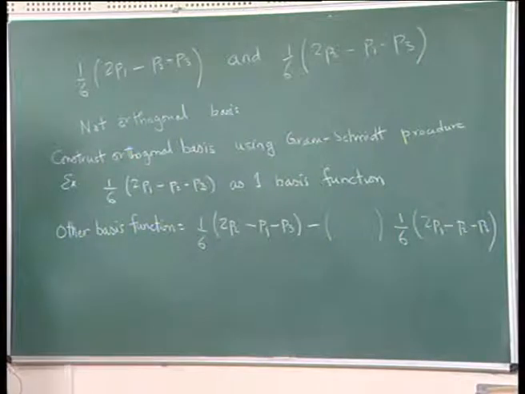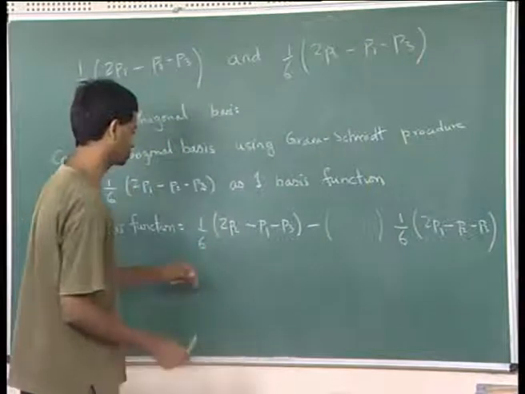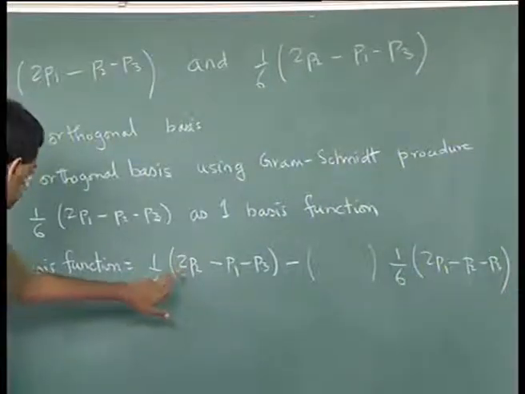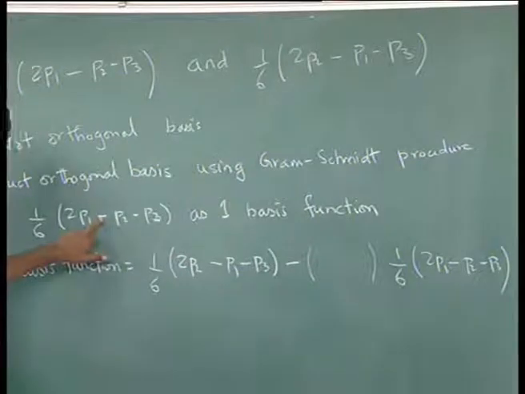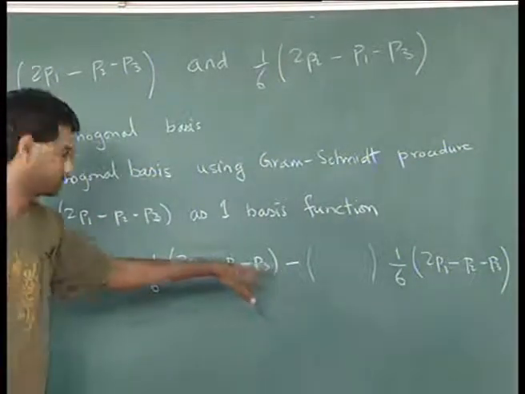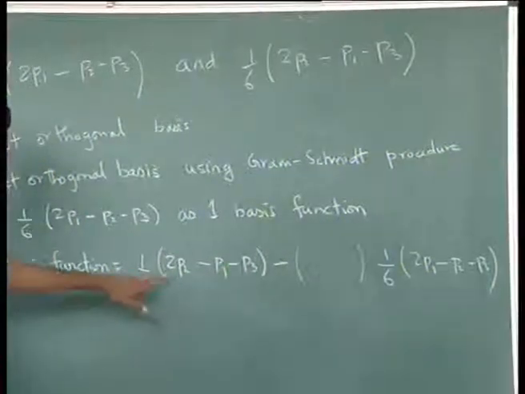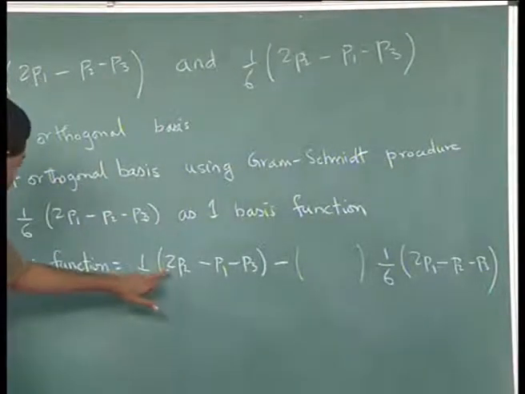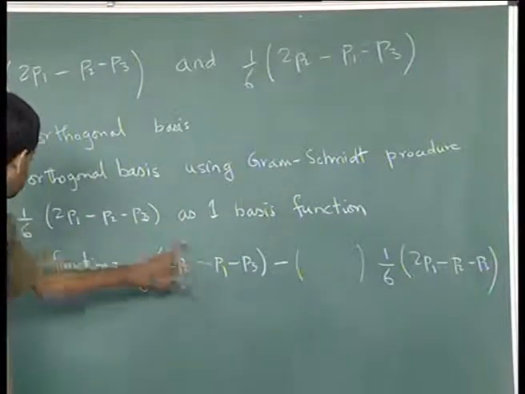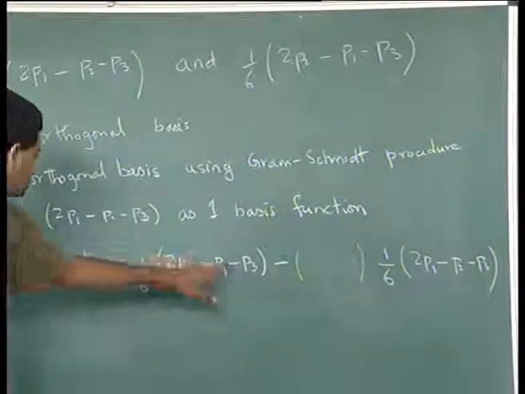So here, if you look at the projection, you can calculate it. You take a dot product of these two, treating these as vectors with p1, p2, p3 as basis. If I take a dot product, I'll get minus 2, minus 4 and plus 1.